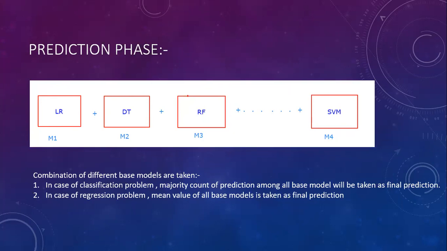But there is a very important thing to remember here: variety should be there. How? There are three ways. One, you give the same data set to all these five models.